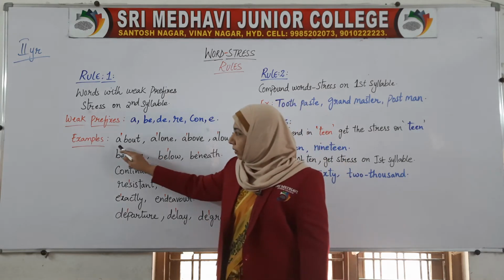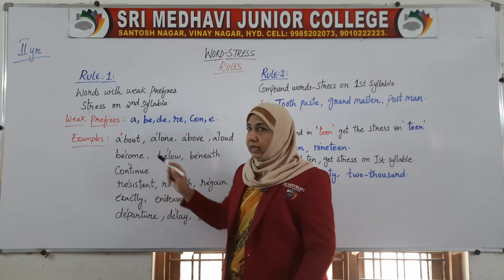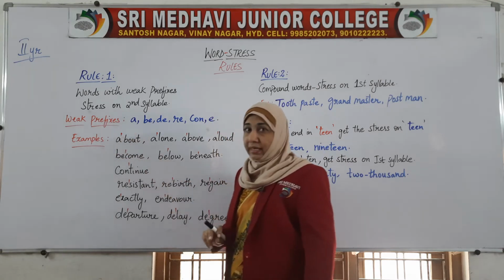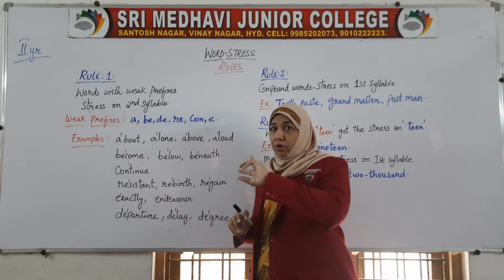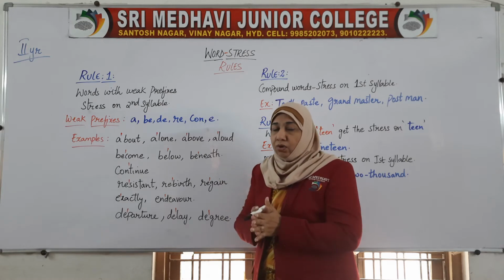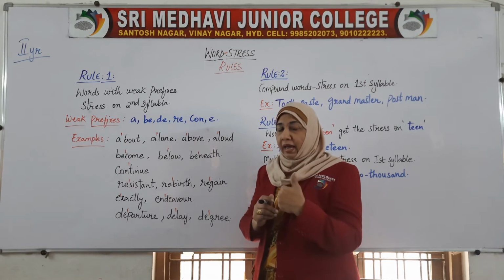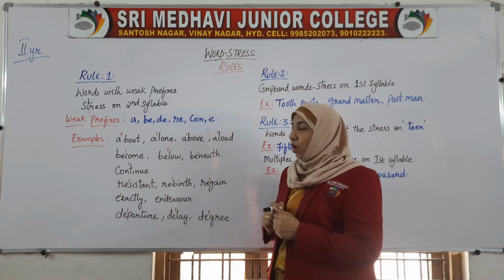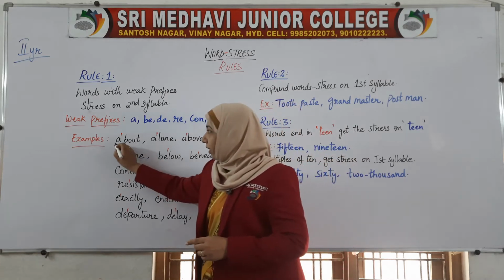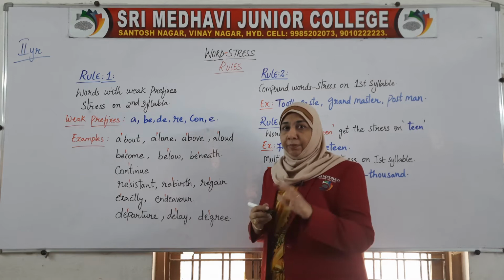Now here we have given some examples for you. About: the stress is on B, not on A, because when you are talking about anything, you say 'about' with more stress on the second syllable and less on A. If you have to put the secondary stress, you can put it over here, but we are talking right now about the primary stress.